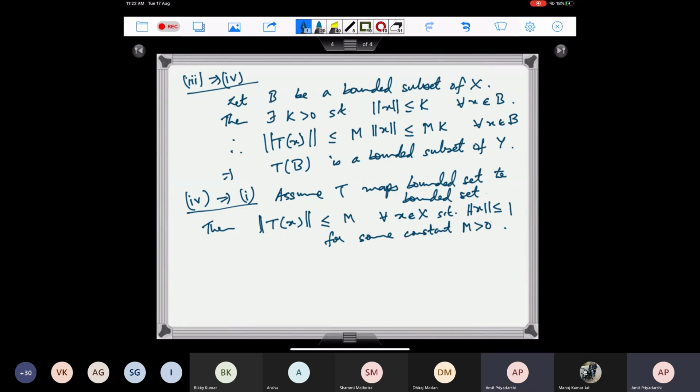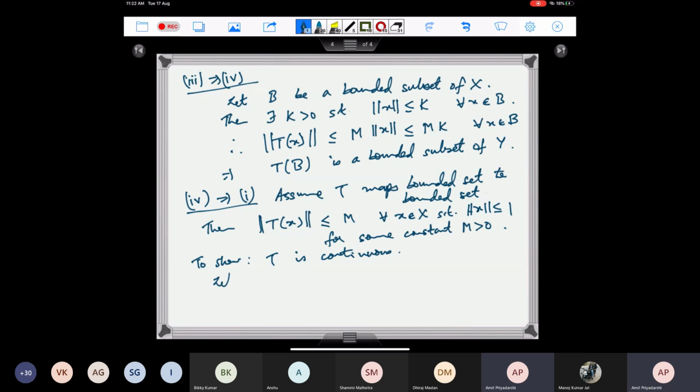Now we have to show that this implies continuity. So let us show T is continuous. So we will use the sequential criterion.